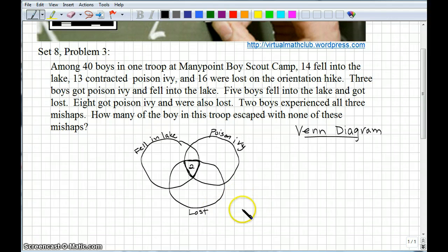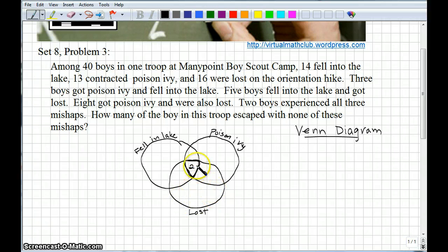If you want to stop here and work on it some more using this Venn diagram, go ahead. But what I'm going to do is try to now put all of these boys that were mentioned up here into the sets, or into these groups. So I'm going to go ahead and solve it now.